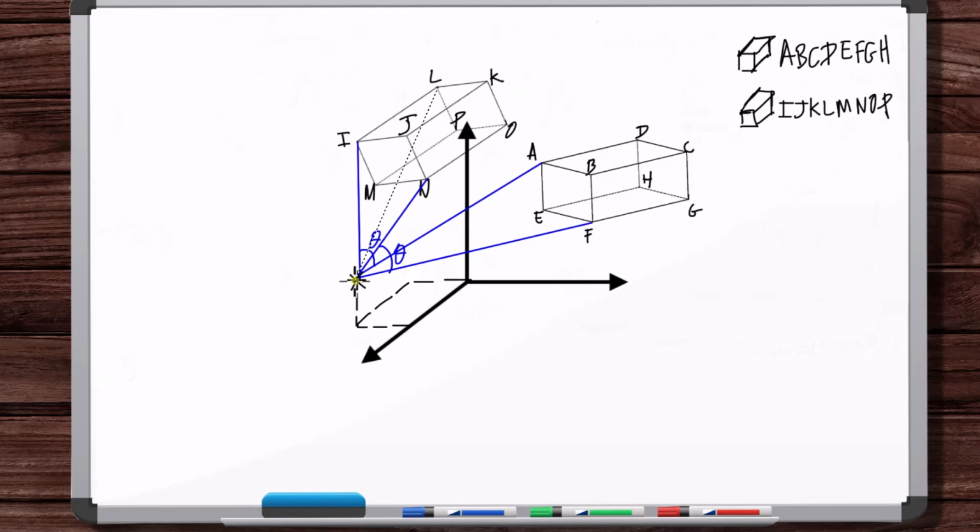Your point D went to point L. Point D to point L, that's going to be the exact same angle, theta. And you could do this for any point, not just the vertices.